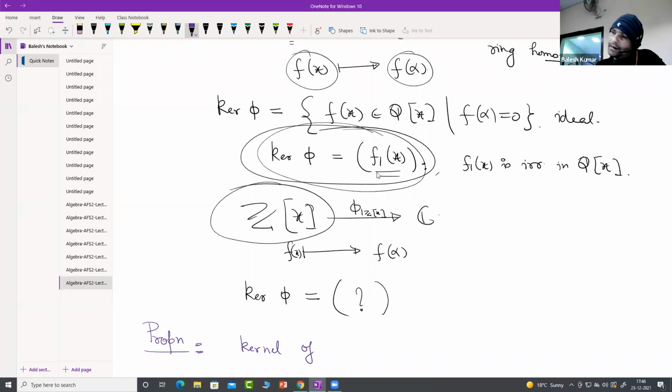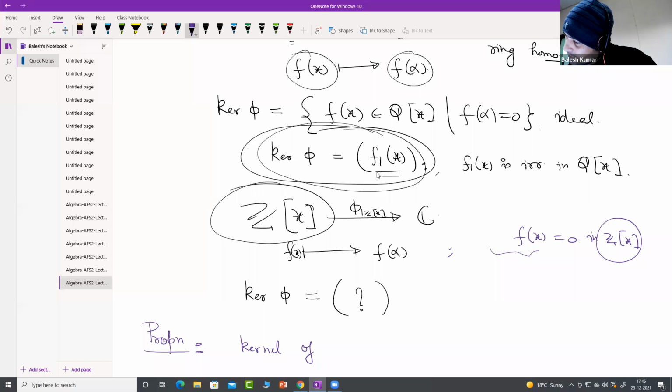And you also know that if there is a polynomial for which f(x) is equal to 0 in Z[x], and we have proven that Z[x] is a unique factorization domain, therefore if we write the factorization of this, say f1(x) and so on up to fk(x), and f(alpha) is 0, this implies that fi(alpha) will be 0 for some fi, where fi is irreducible and primitive, because they are integer polynomials.